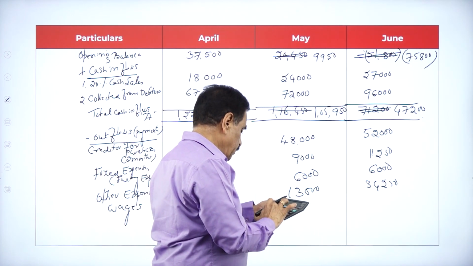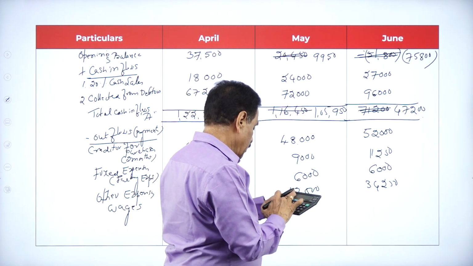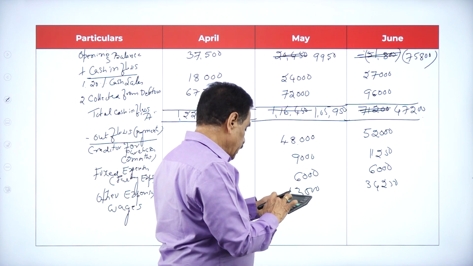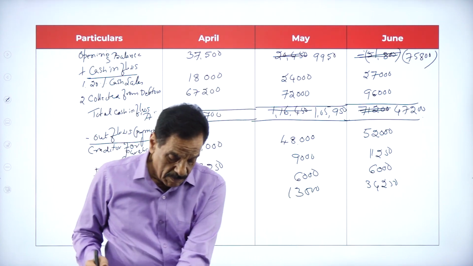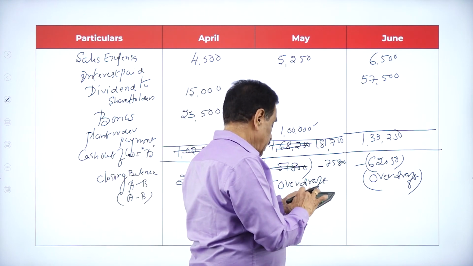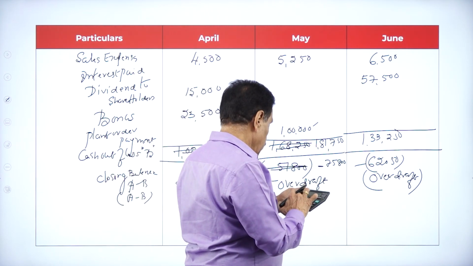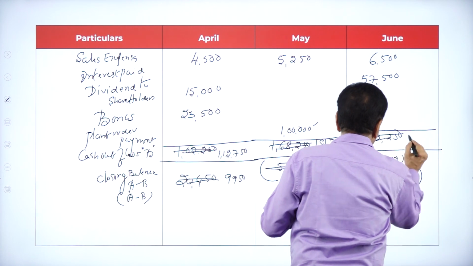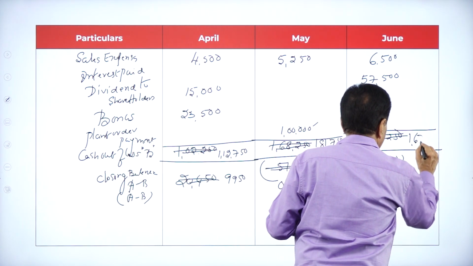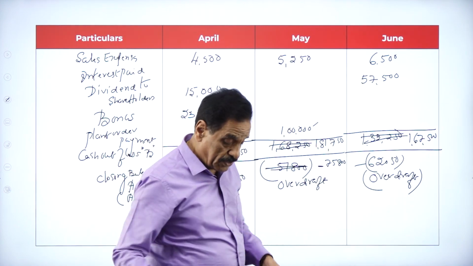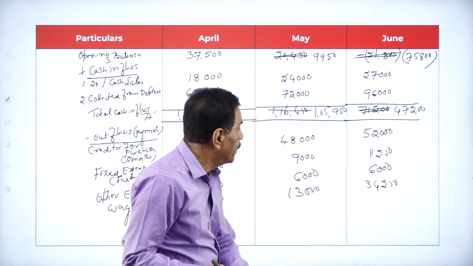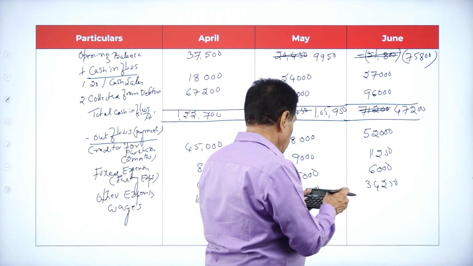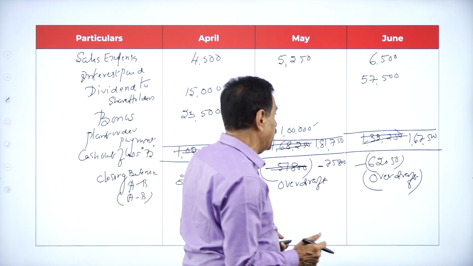Add the figure. 52,000 plus 11,250 plus 6,000 plus 34,250 plus 6,500 plus 57,500, 1,67,500. 1,67,500 minus 47,200, 1,20,300.